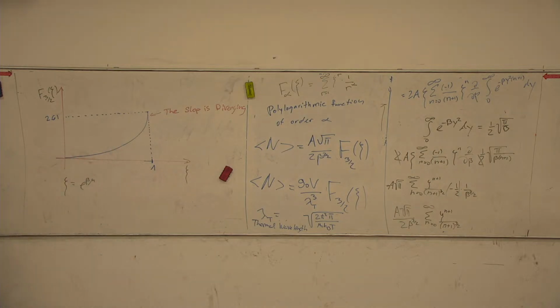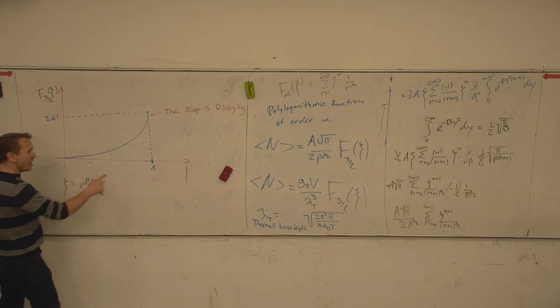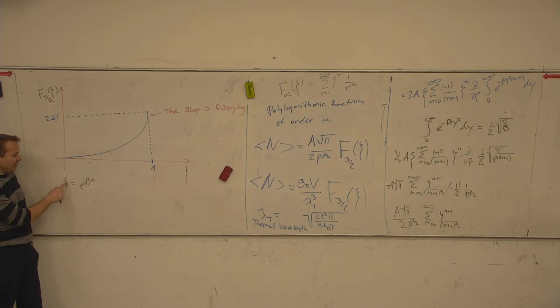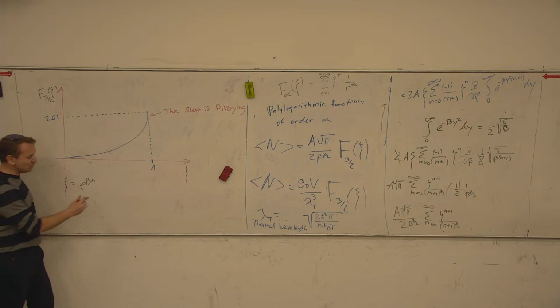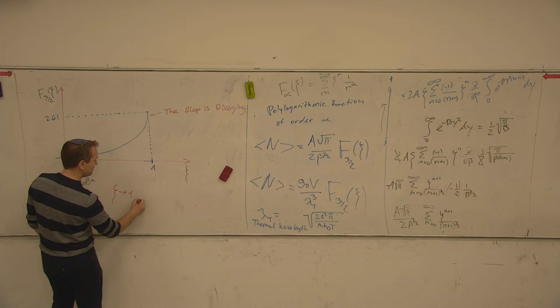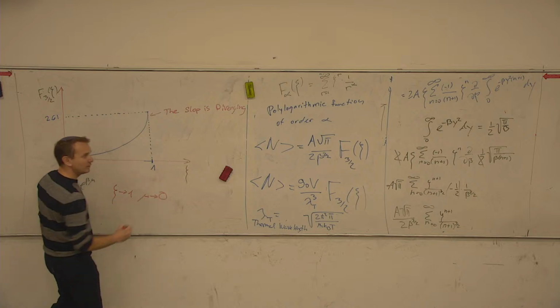Now, we already start to understand something, why we should obtain some sort of divergence around fugacity equal to 1. Because what is fugacity? It is e to the power beta mu. So when fugacity goes to 1, it means that mu goes to 0.